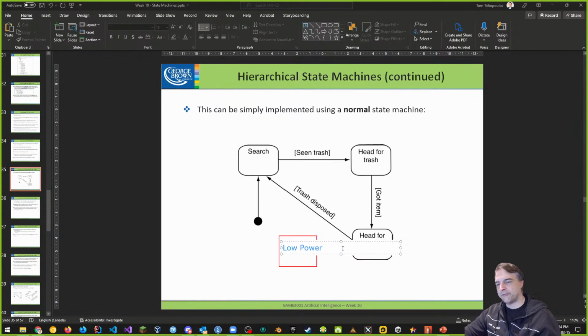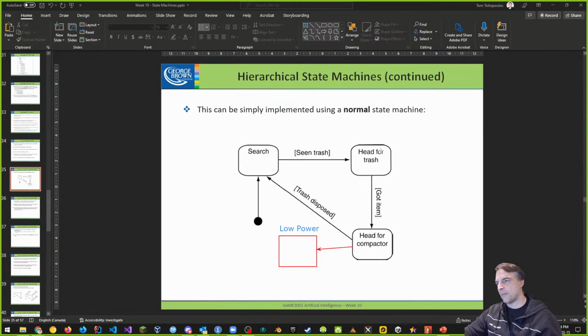I can have low power from any other position. I can have low power from my compactor. I'm heading to the compactor, and before I go to the search state, I run out of power, so I can go to low power.